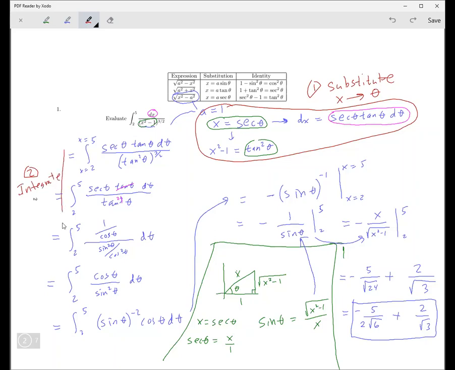Okay, and that took us a while to do. That took us all the way to there. And then number three, substitute back and then evaluate. So you put it back into x's and then we evaluated.